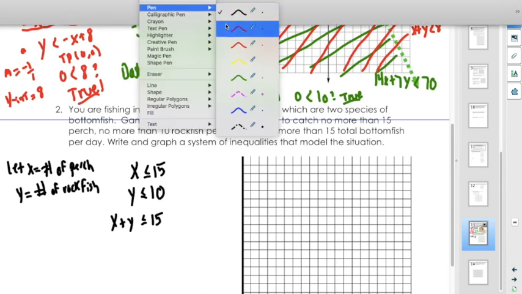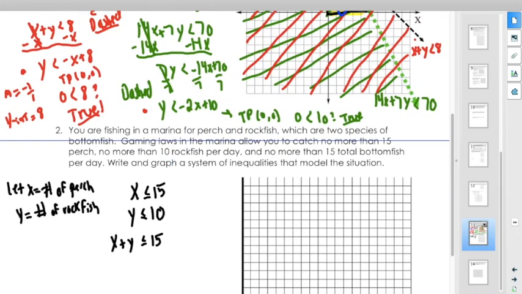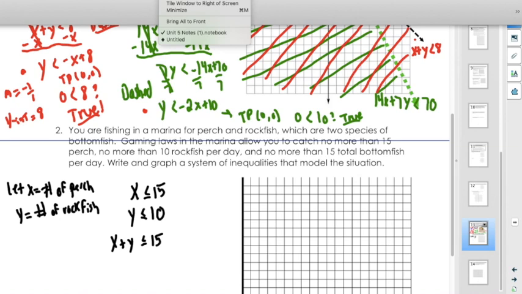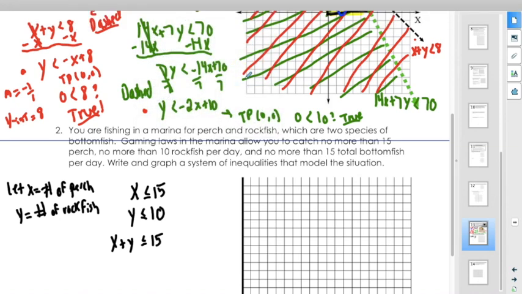Think about how we learned how to do this. Okay? How did we learn how to do x is equal to 15 or y is equal to 15 or x is less than or equal to 15? Okay, that's going to be VUX because of the x, which means it's going to be a vertical line at 15 on the x-axis.